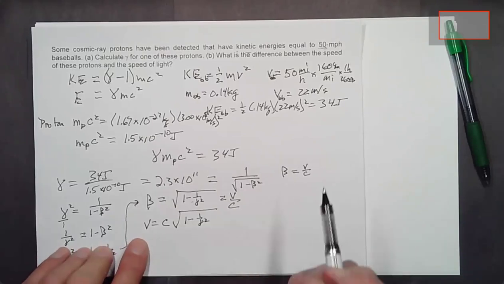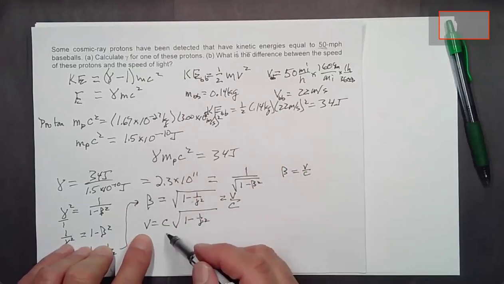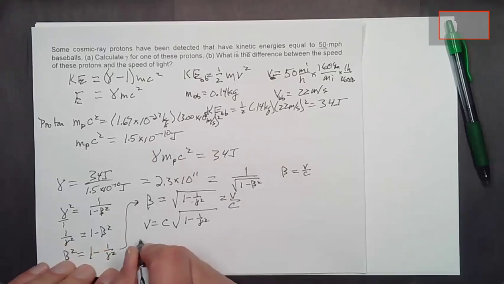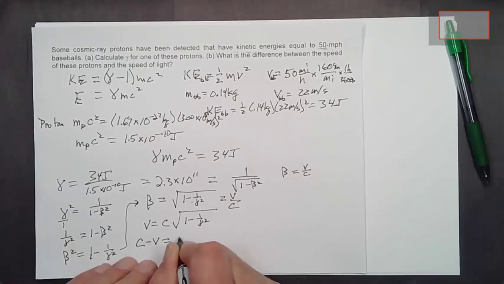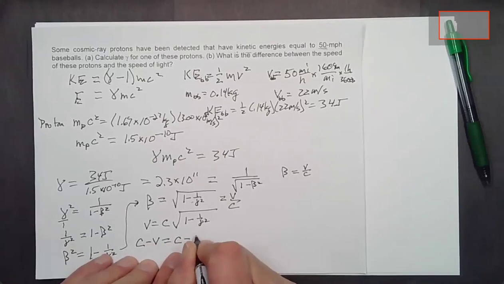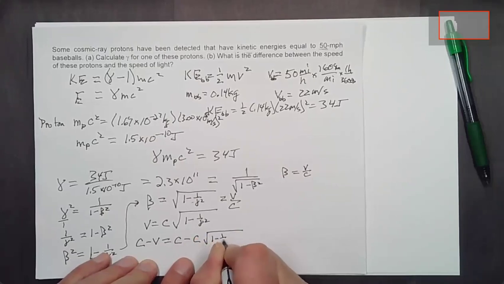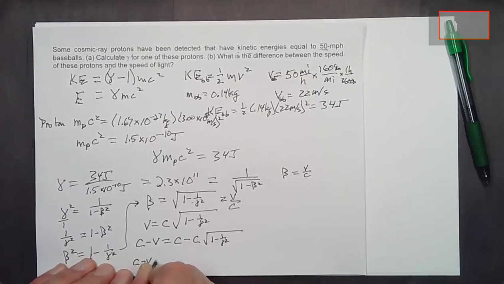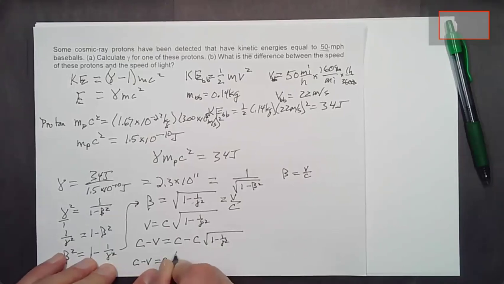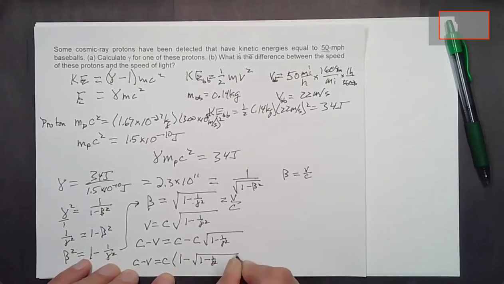However, the question says to find the difference between the speed of the protons and the speed of light. So let's look at this. c minus v will equal c minus c times that square root of 1 minus 1 over gamma squared, or c minus v will equal c times 1 minus the square root of 1 minus 1 over gamma squared.